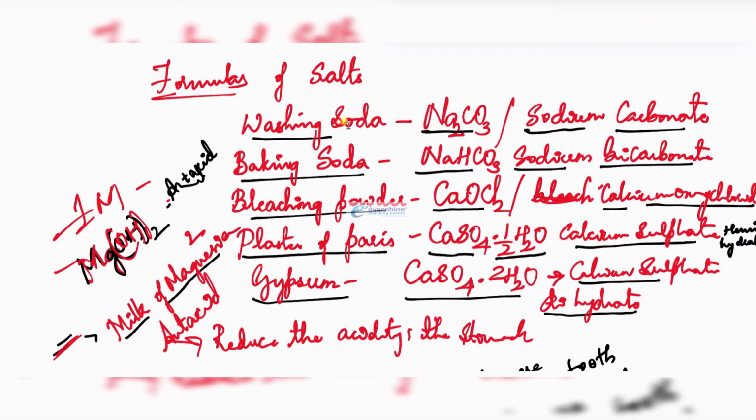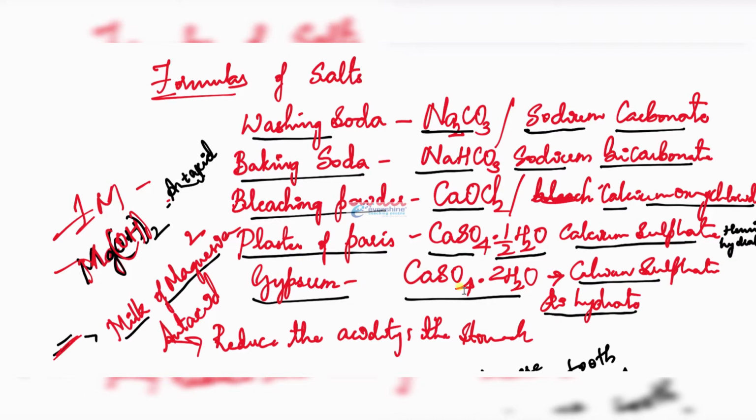Again I am repeating: washing soda, Na2CO3, sodium carbonate; baking soda, NaHCO3, sodium bicarbonate; then bleaching powder, CaOCl2, calcium oxychloride; plaster of Paris, CaSO4 half water, 1/2 H2O, also called calcium sulfate hemihydrate. Do remember, calcium sulfate hemihydrate.